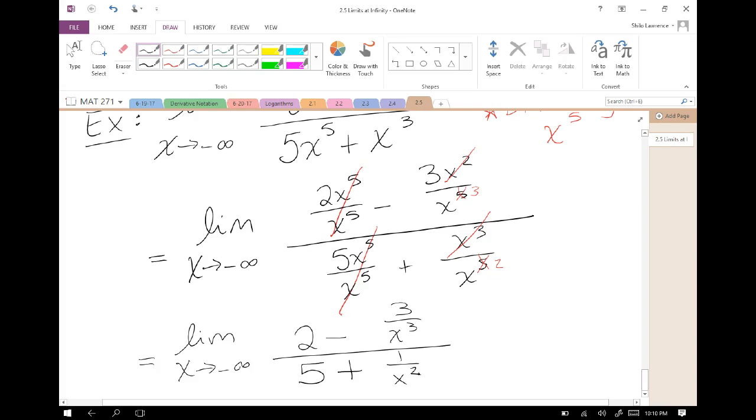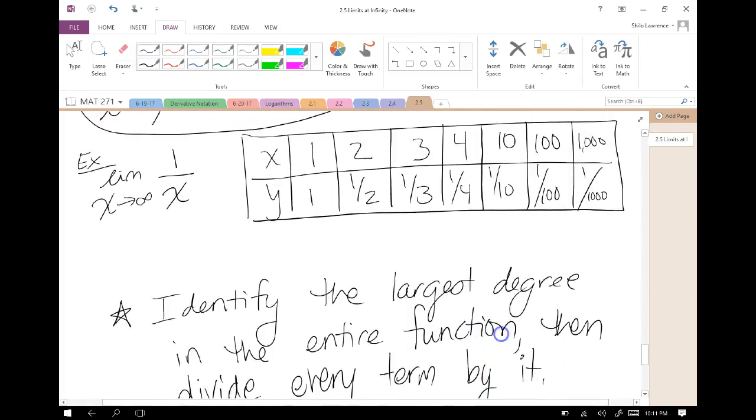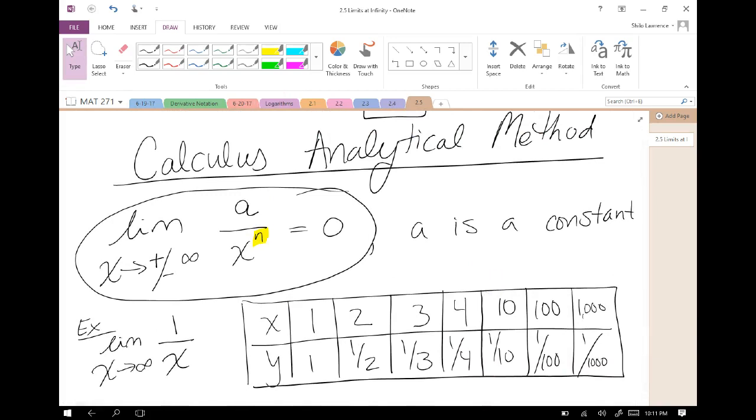And this is where that new limit rule comes in handy, because if we have any pieces that have a constant over a variable, they're going to go to 0. So I'm going to scroll back up to that. Any pieces look like this, we just mark them off. They're going to 0.